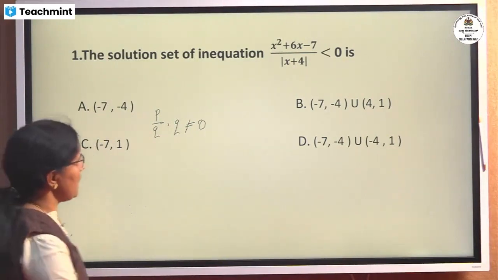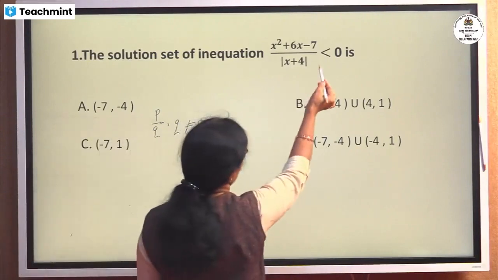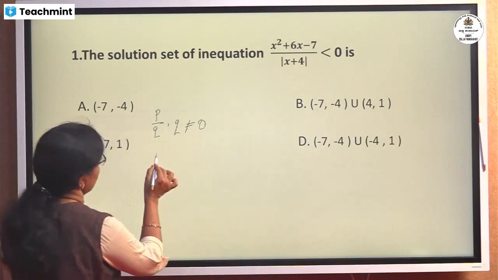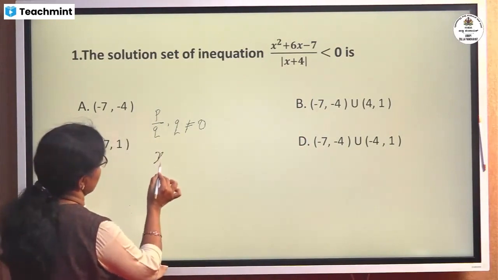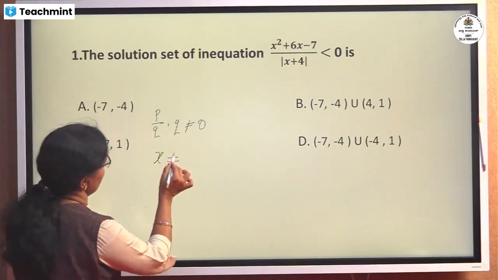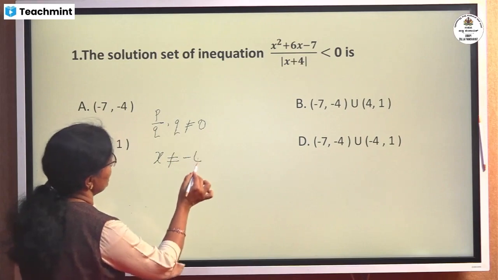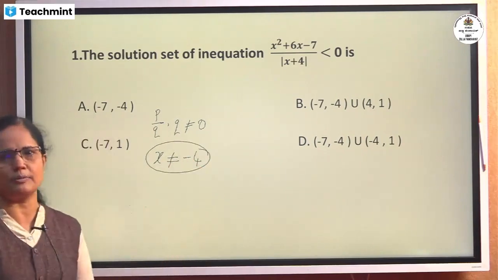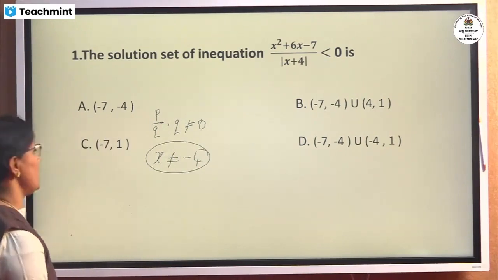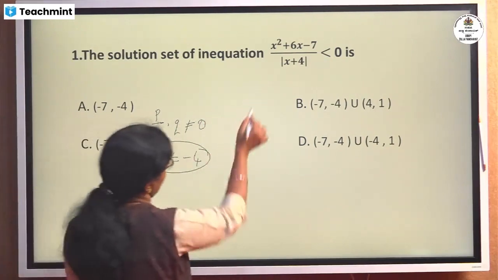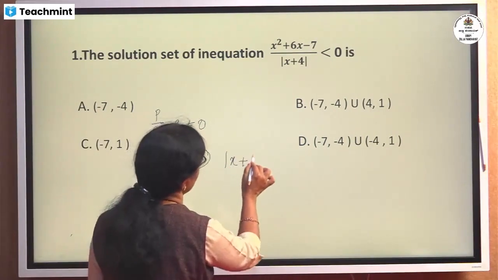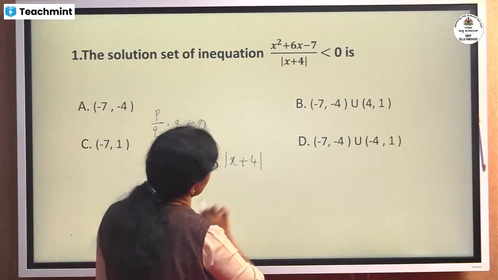If you apply that condition to the denominator of this inequation, you will get one condition, that is x is not equal to -4. Keep this condition in mind first: x cannot be equal to -4. Another thing to observe is that the absolute value is given, modulus of x plus 4.